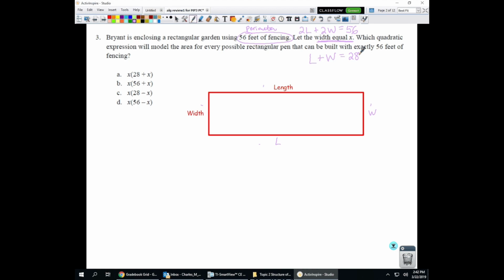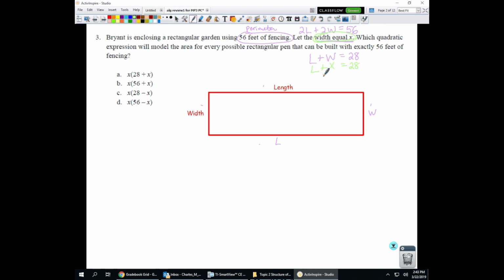So now, if this question asks me to use X for the width, let me replace this W with an X. So then how long is the length?